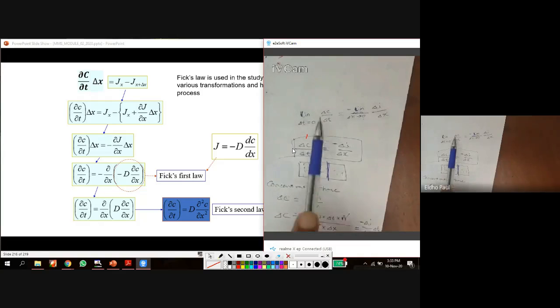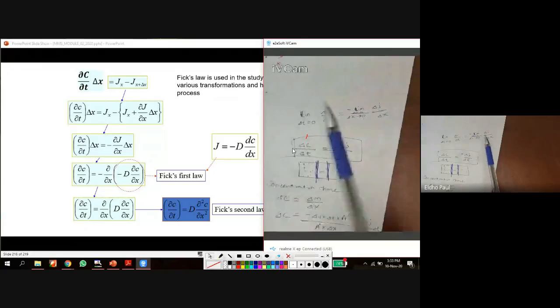So the instantaneous concentration change across this volume is equal to the instantaneous flux change. Okay, that is the rate of change at a particular position in space, rather than the average value. Here delta J by delta x is actually the average value of the change in flux.